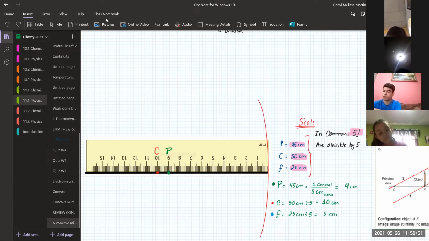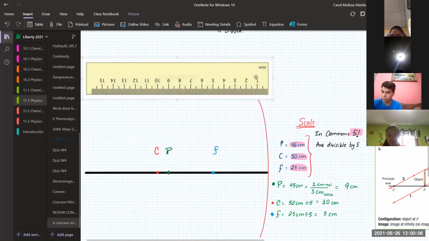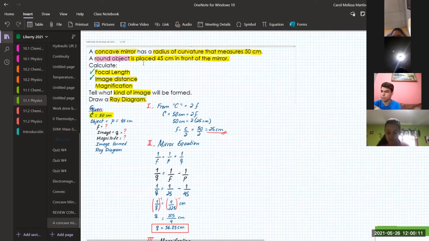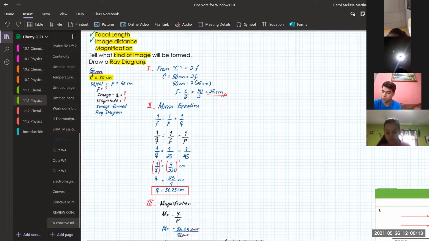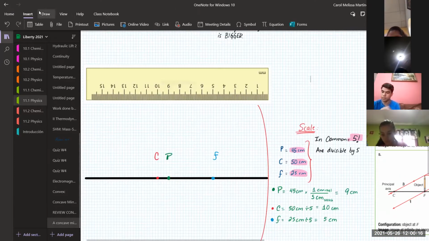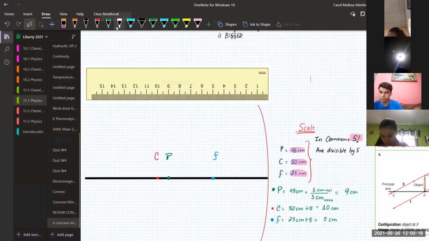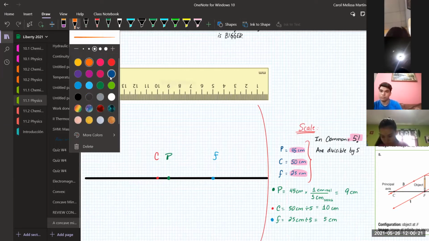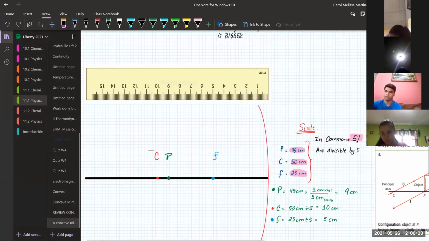So at 5, I will put my focal point. And now I'm going to move the ruler away for a second. Remember that it says a round object is placed 45 centimeters in front of the mirror. So I'm going to draw my round object, in blue. It's round, and I'm going to place it here.